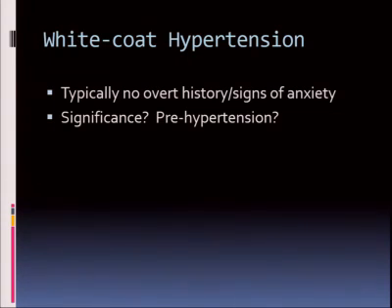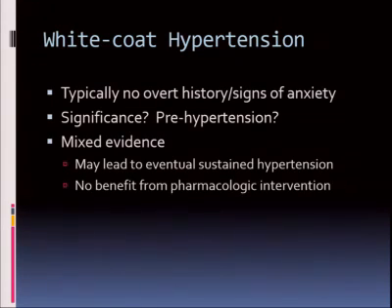Is this something that needs further evaluation, further follow-up, or do we just dismiss it completely? The short answer is we don't know. The literature is very mixed. Some perceive this as a precursor, a harbinger for true hypertension, and others state that it has no clinical significance at all. The general recommendation for children is to continue to monitor the blood pressure yearly regardless, and so that's usually what we recommend for these patients.